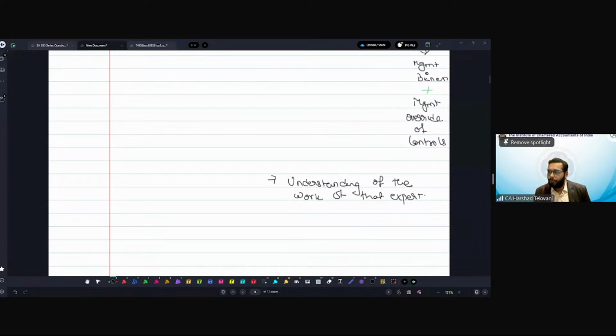Sir, assumptions, laws and regulations, and the calculation which he performed, their conclusion, and competency also is involved with their experts' advice. Absolutely correct. Yes, so we will be looking into a lot of aspects.